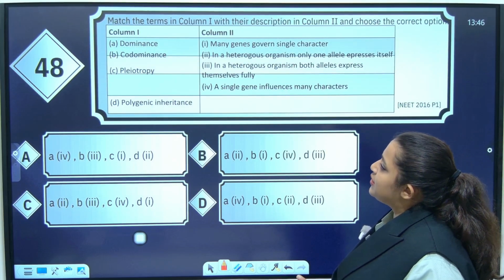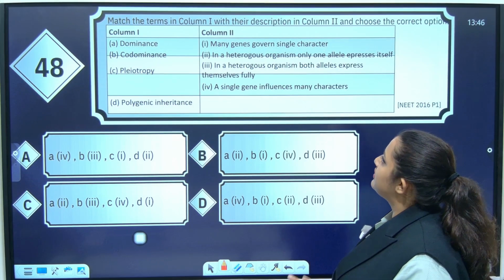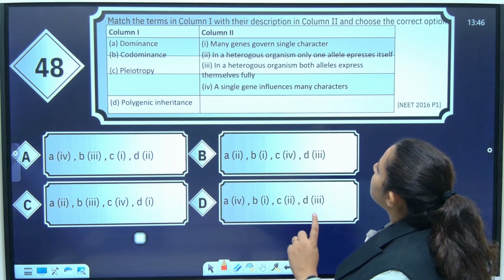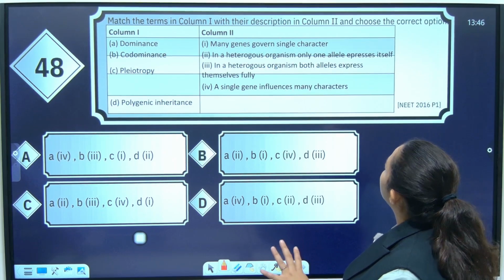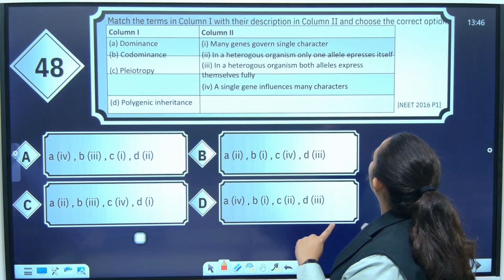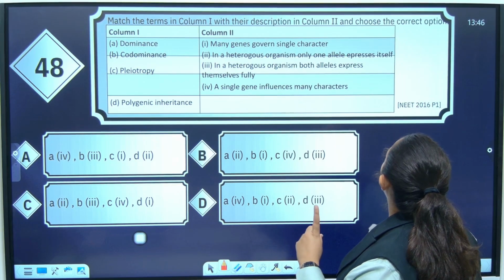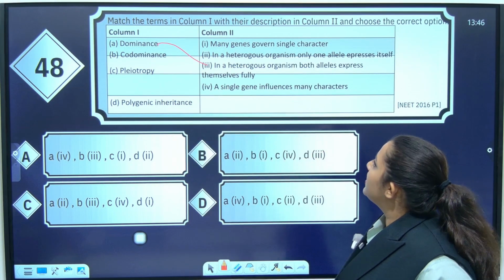Dominance, codominance, pleiotropy, polygenic inheritance. We've already seen an MCQ similar to this. Okay. Now, firstly, dominance is seen in a single gene influencing many characters. No. In a heterozygous organism, both alleles express fully. No. Only one is expressing itself is dominance. Okay.